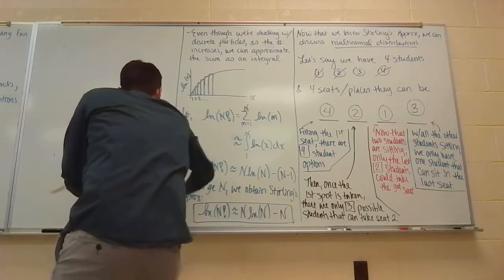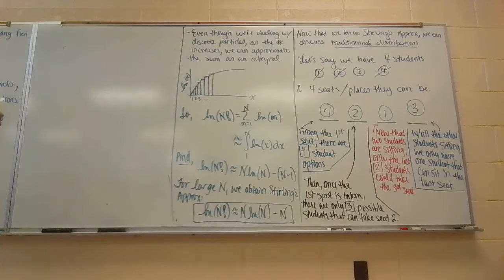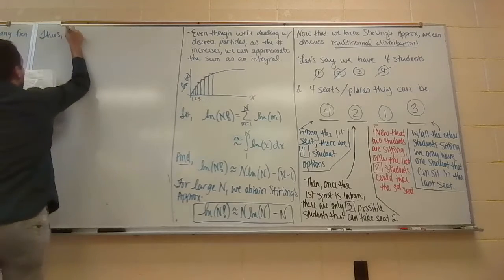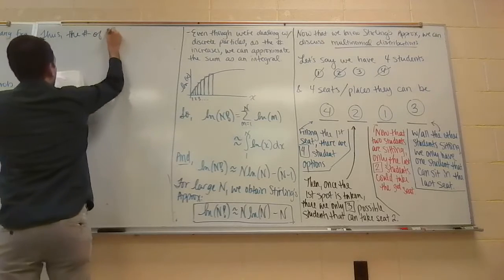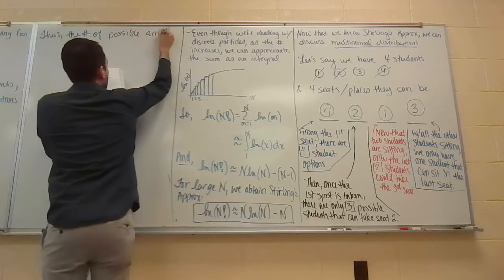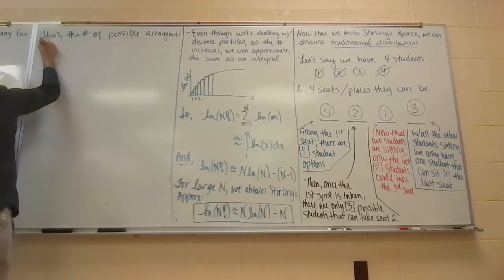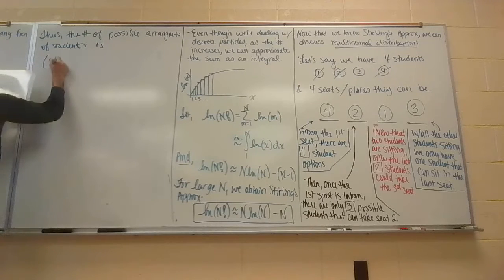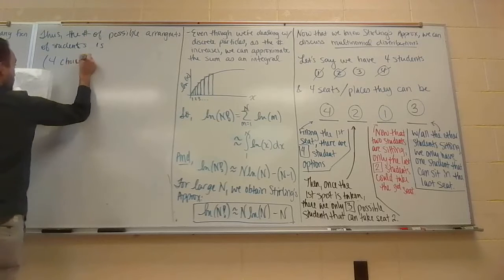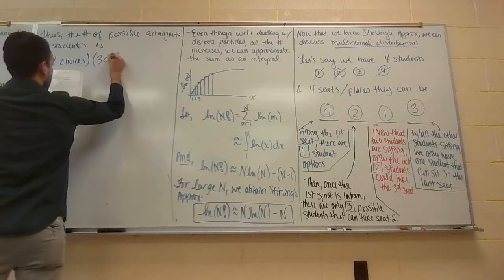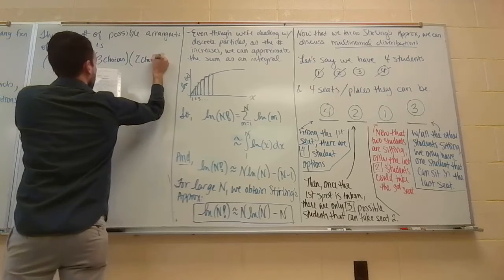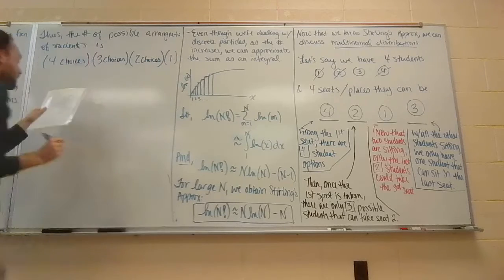Now, so what does that mean for us as we're counting? Well, what that says is that thus the number of possible arrangements of students is going to be 4 choices for the first seat times 3 choices for the second seat, 2 choices for the third and 1 for the last.